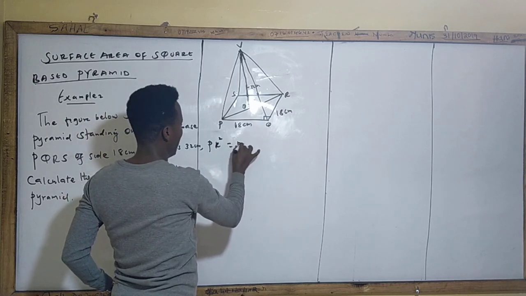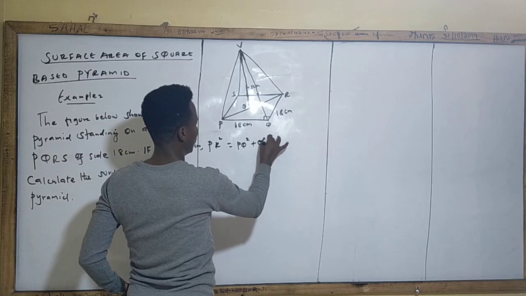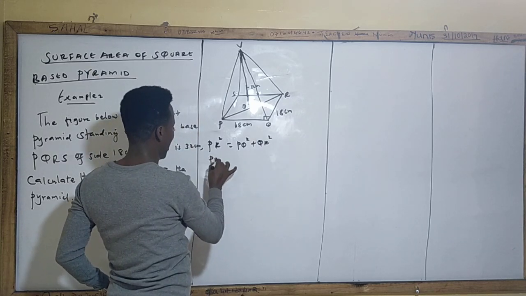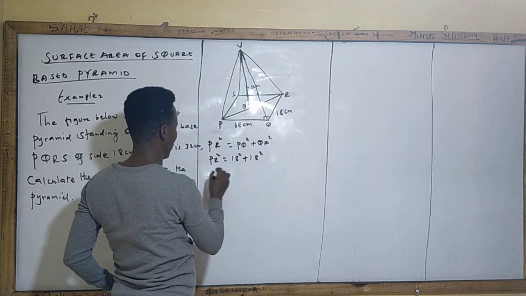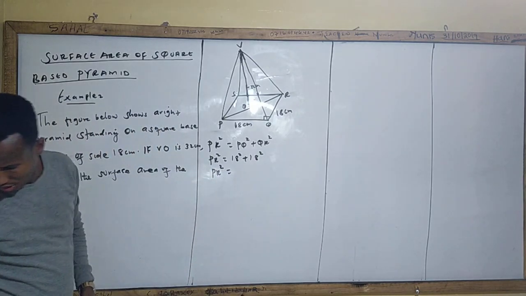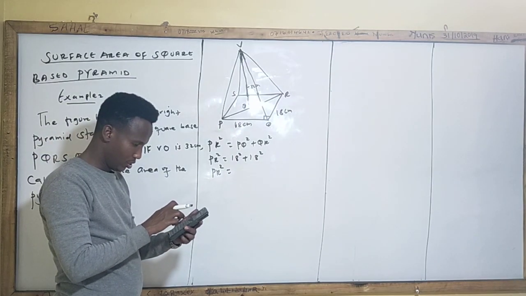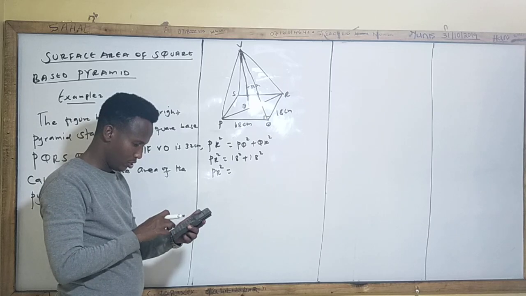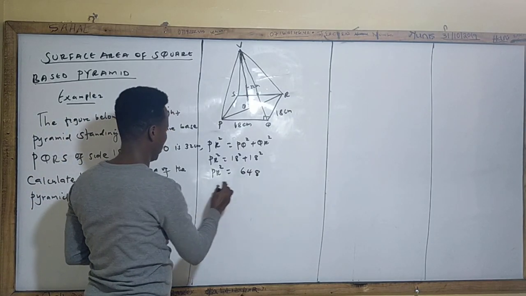BR squared is equal to BQ squared plus QR squared. So BR squared is equal to 18 squared plus another 18 squared, which is 18 squared times 2, that gives me 648.